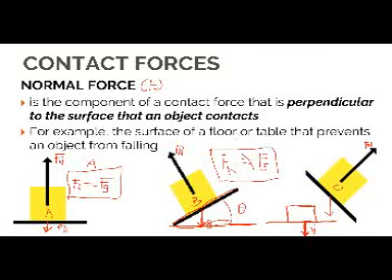This is for image B and image C. Since the surface is elevated from the ground, the normal force is not equal to the force due to gravity. But if your normal force is directly opposite to your force due to gravity, then your normal force is equal to your force due to gravity.